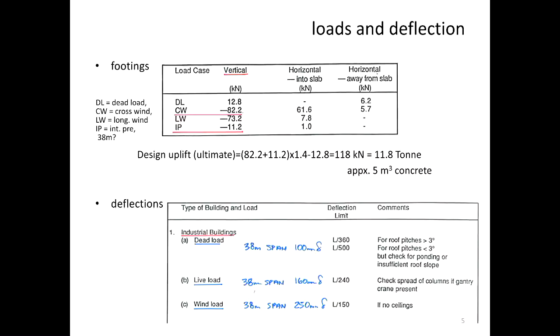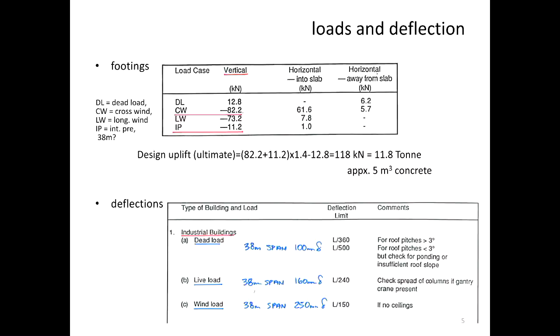Serviceability basically just has to ensure that the building performs satisfactorily under its service loads. So we just consider the deflection of the structure, whereas strength has to deal with how much load it can take until it yields, up to the yield load. Does that make sense? So that's the difference.